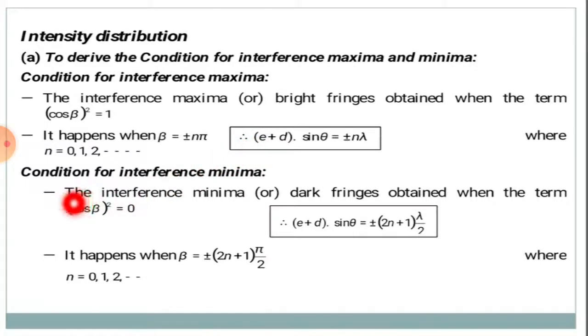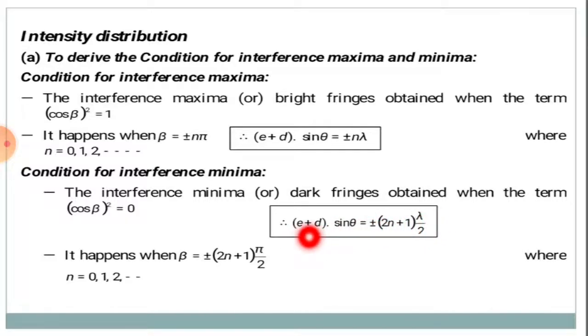And now, let's see the condition for interference minima. Here, the maximum intensity will occur in the interference pattern at lambda, 2 lambda, 3 lambda. In between these values, we will get minimum intensity.